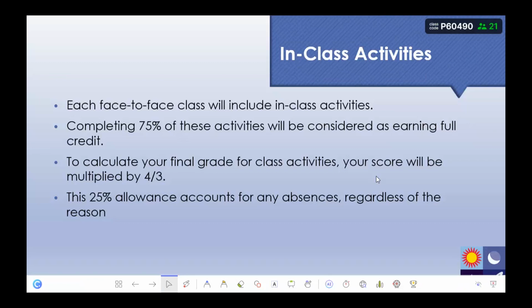Let's say you participate in 70% of all those activities, that will be multiplied by 4/3. This will be your grade. Sounds good? So you can miss 25% of all activities. 25% of the missing in-class activities are waived. Any question about this? Does it make sense?